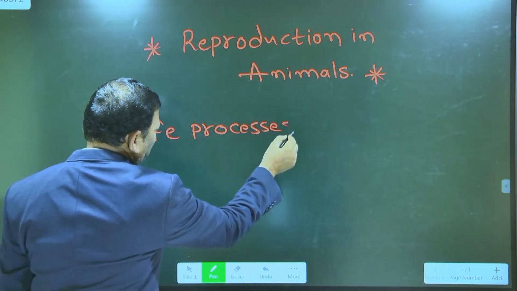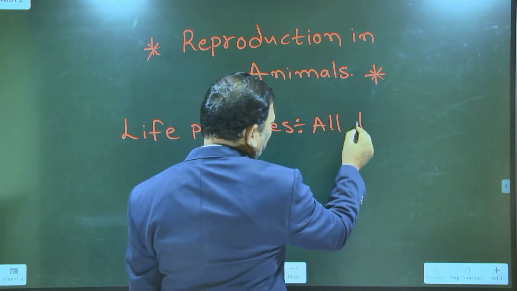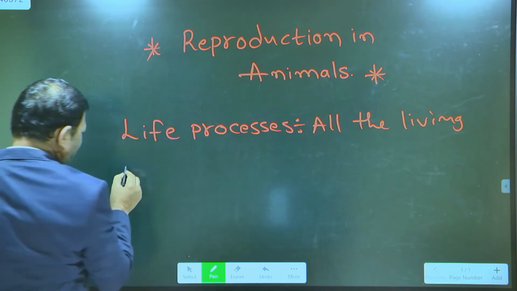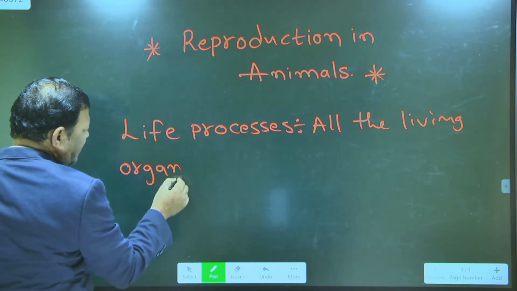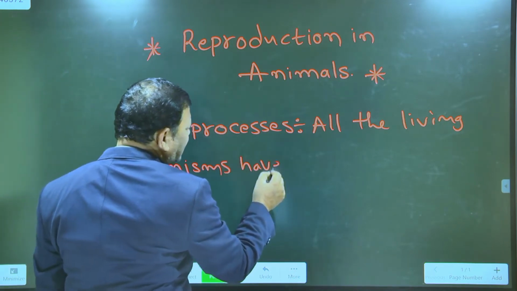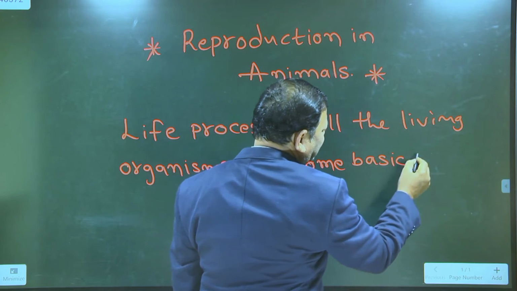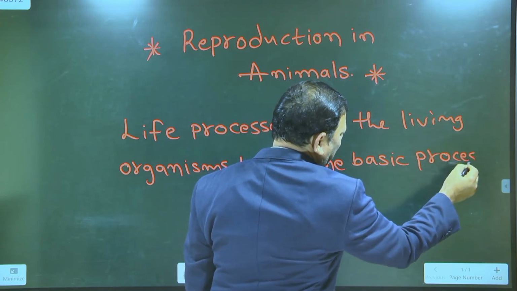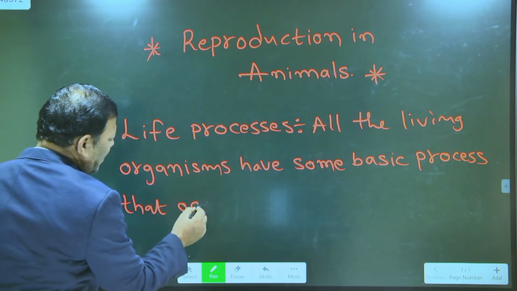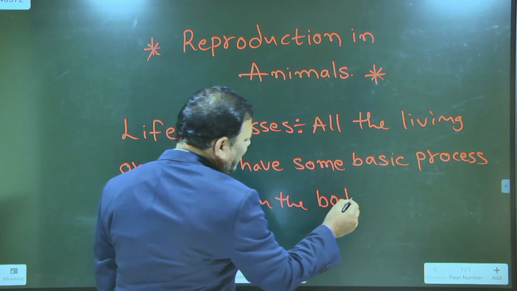Life process definition. All the living organisms have some basic processes that occur in the body of the organism.